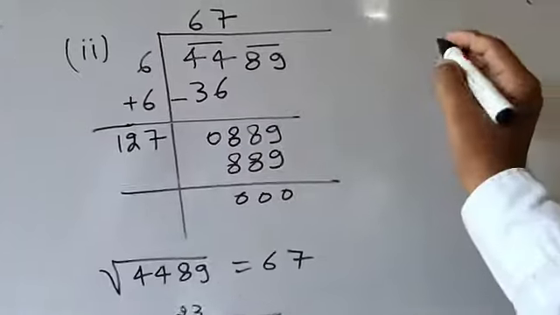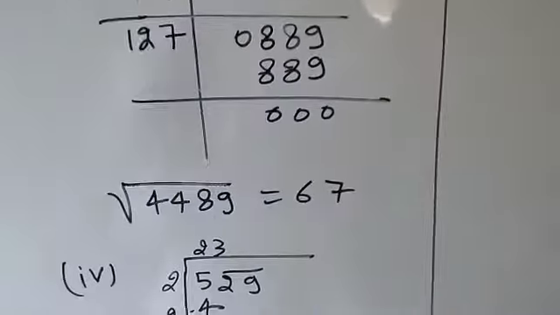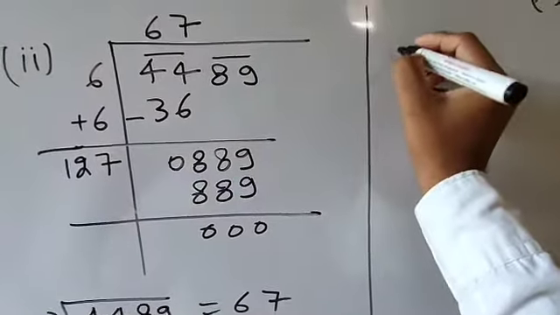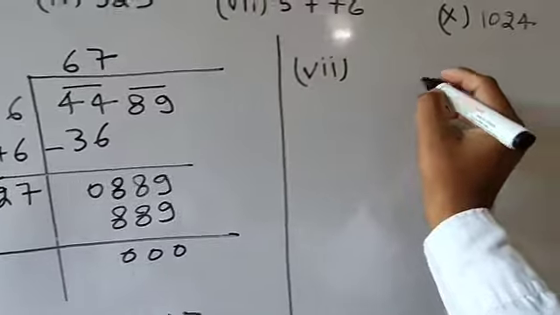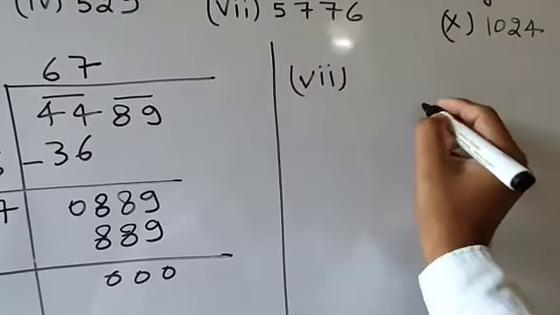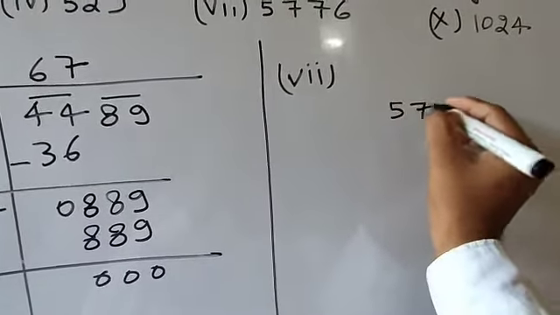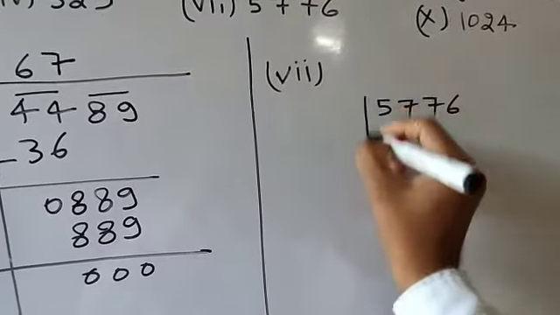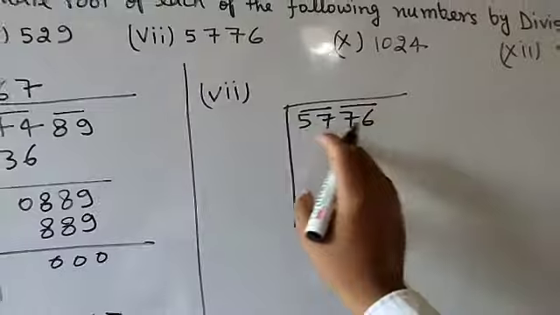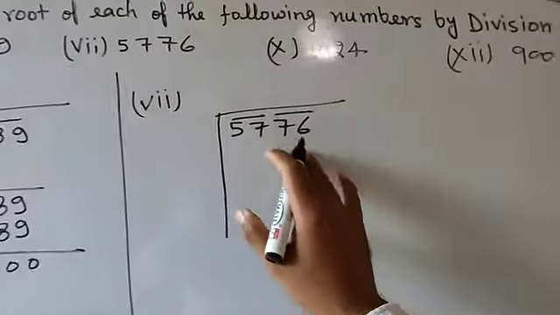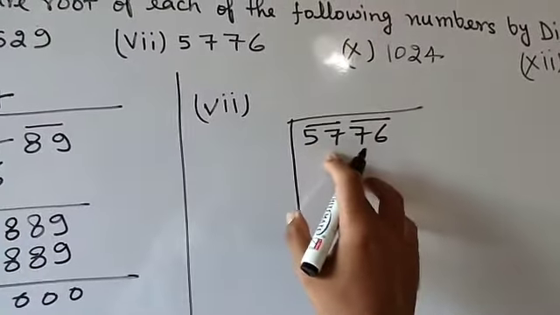Now I am going to explain the seventh part, students. In the seventh part the number given is 5776. So here you will make the pairing. All 4 digits are in pairs. The first pair is 57.